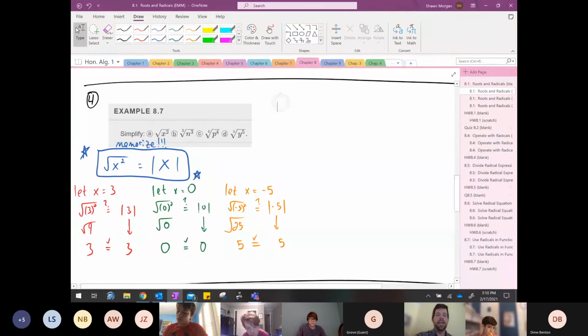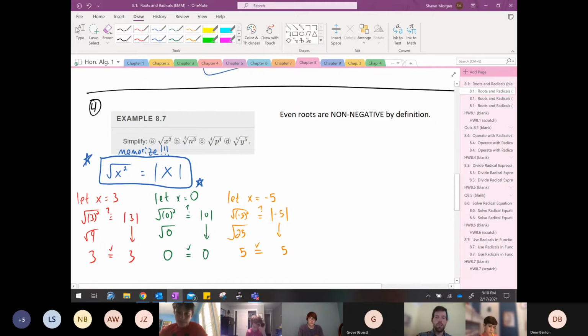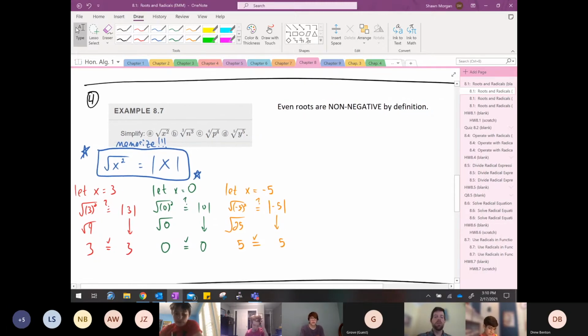And the reason that that's the case, I'm going to type something up here you guys can write down as well, is that even roots, as opposed to an odd root, are non-negative by definition.